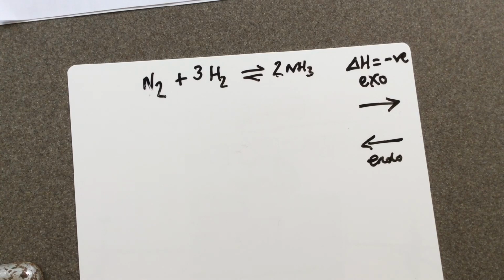A homogeneous catalyst is one which is in the same state. Now, it doesn't matter whether we're talking about heterogeneous or homogeneous catalysts. A catalyst basically changes the rate of reaction. It provides an alternative pathway with a lower activation energy. So catalysts tend to make reactions faster.